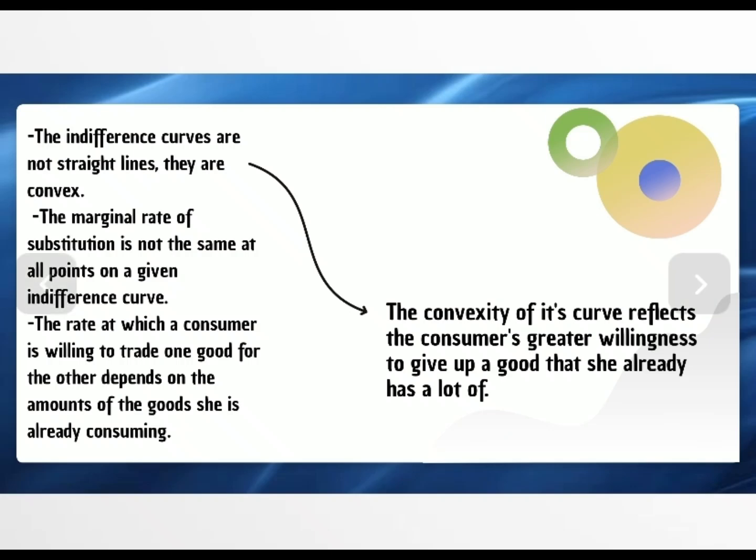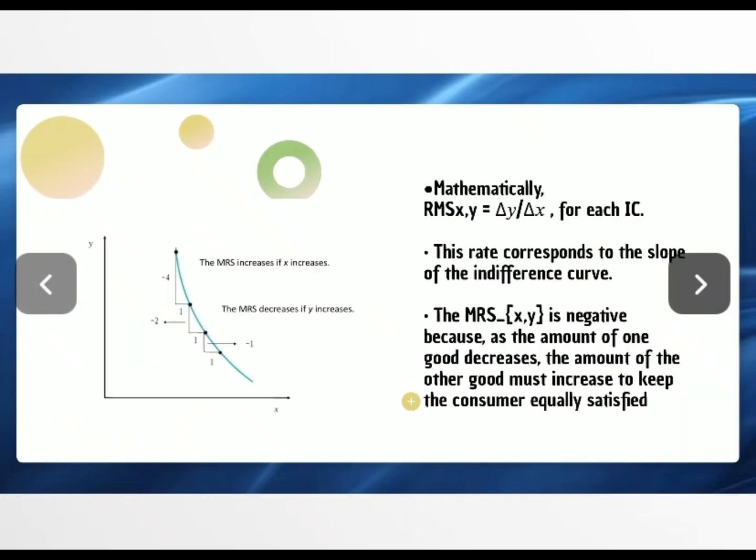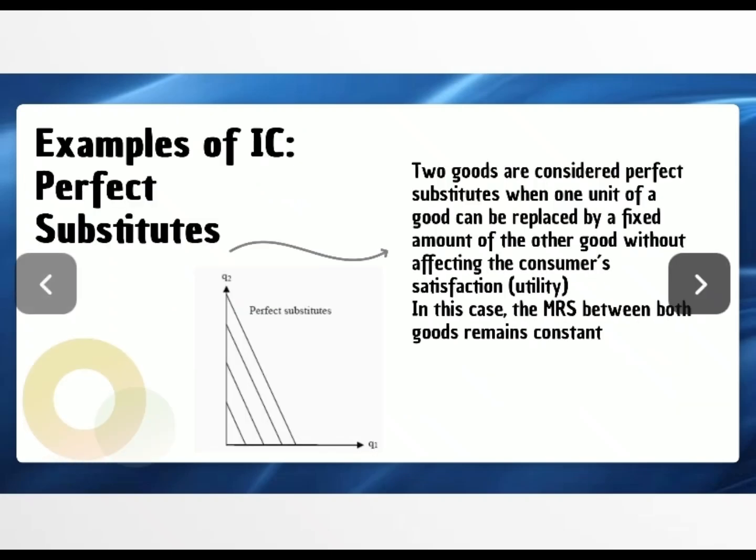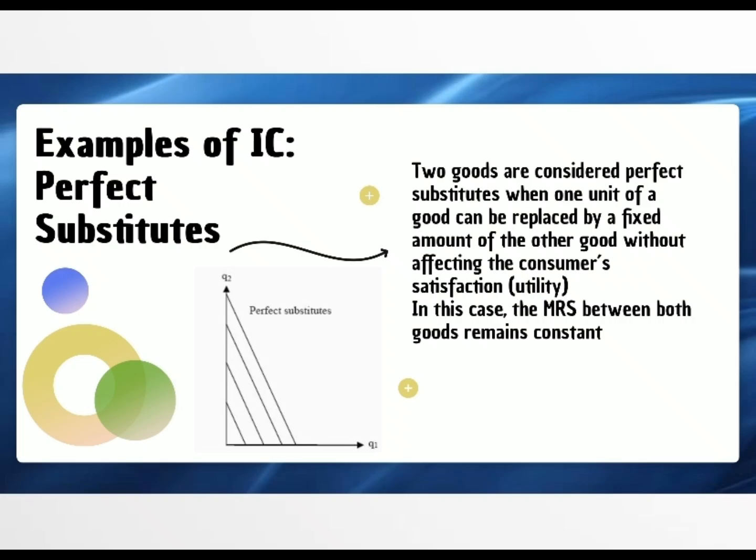Mathematically, it is expressed by this expression: MRS is equal to the partial derivative of U with respect to x divided by the partial derivative of U with respect to y. This rate corresponds to the slope of the indifference curves. The marginal rate of substitution is negative because as the amount of one good decreases, the amount of the other good must increase to keep the consumer equally satisfied.